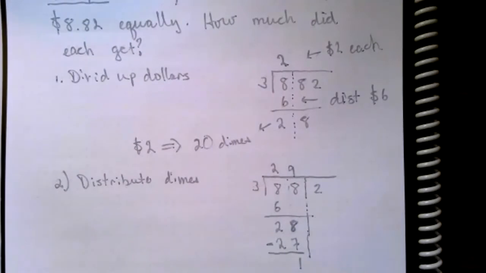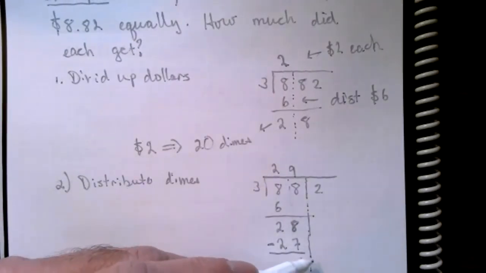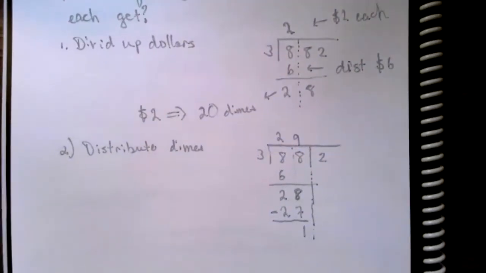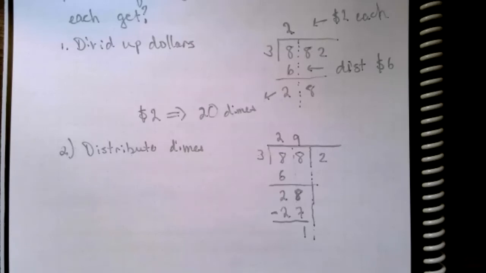So now what do I do at this stage? Do I just say, oh, well, we're done? You can't break up one dime among three people. What could I do? Is there a smaller denomination that might help out? Distribute pennies. Right, work on the pennies.